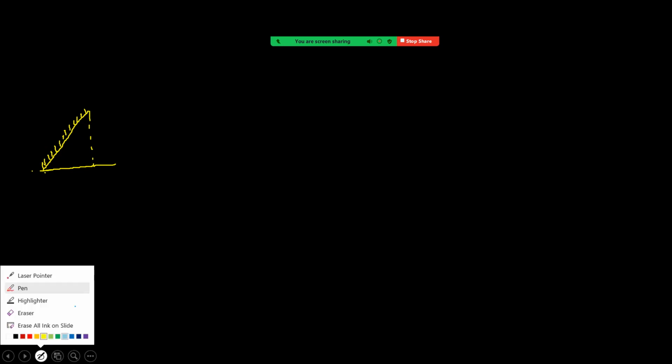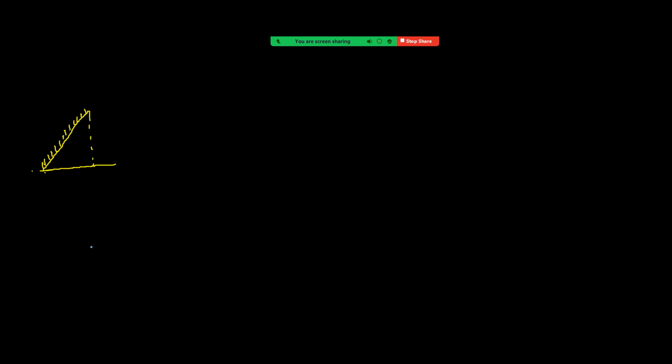So you can see here the location of object. This is location of object, right? It is O. Now a person moves along.